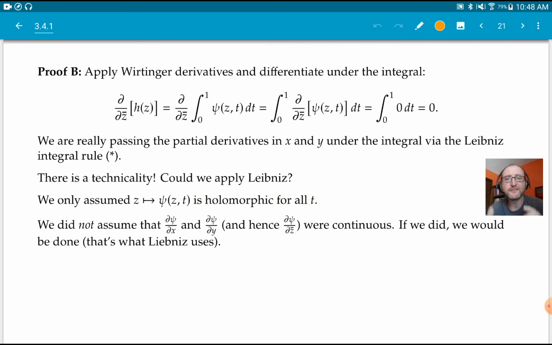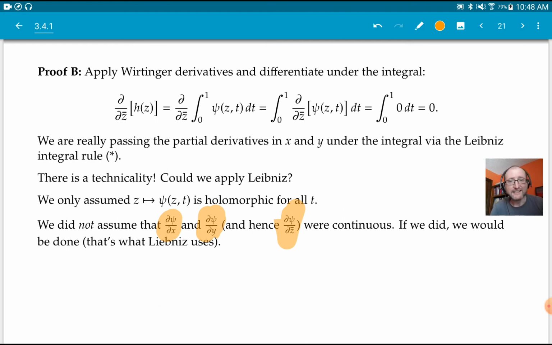I mean, if we assume that the x and the y derivative, the real and imaginary part, and hence this guy, were continuous functions, so basically we're almost assuming that c is C1, well, except we're not saying anything about the t direction.